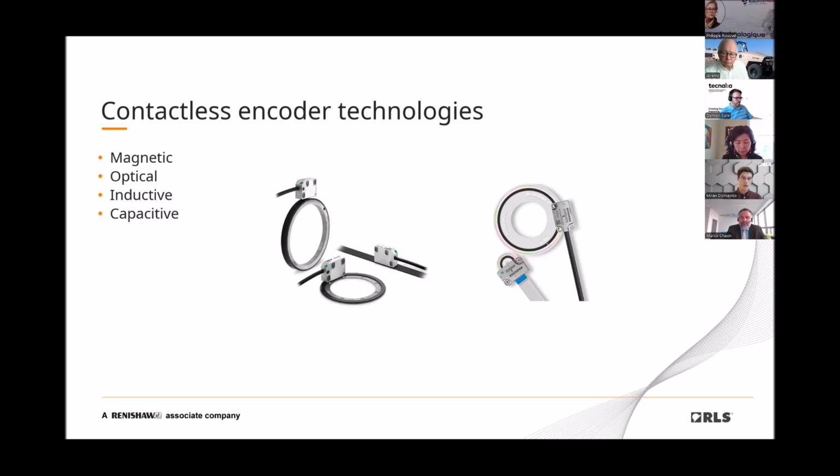And also we, of course, want an appropriate candidate in a performance and price range for this application. And the popular solution for such collaborative robots are magnetic encoders.